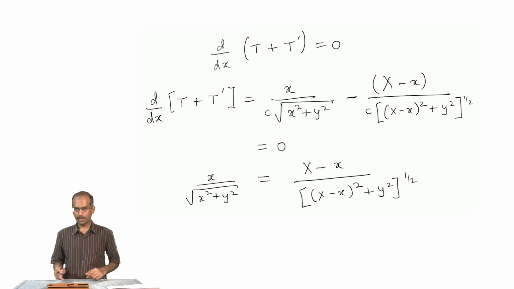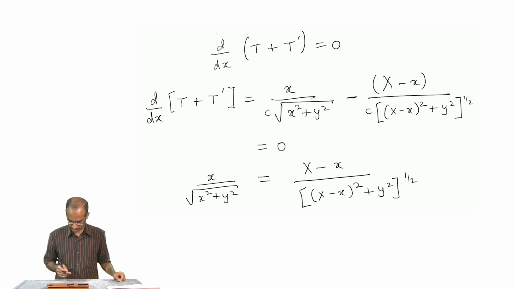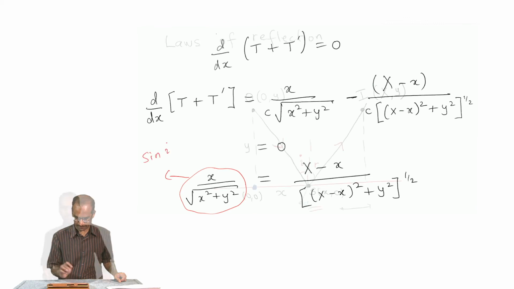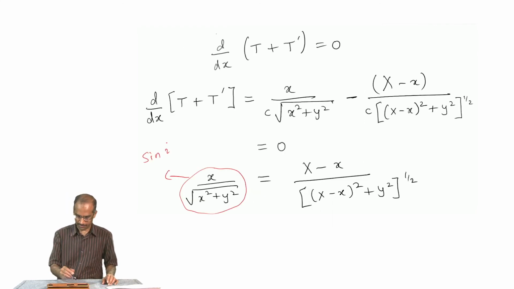Now if you look at these expressions on the left hand side and right hand side of this equation, you will notice that this quantity here is simply equal to sine of angle I, and similarly what would be sine of R? That is precisely what I have here on the right hand side of this equation.